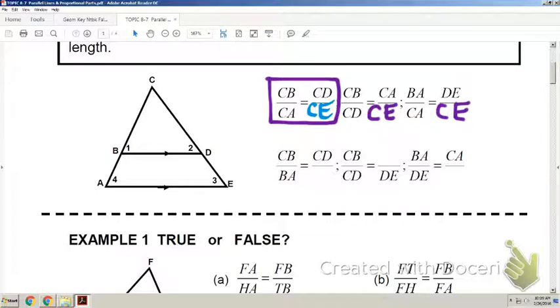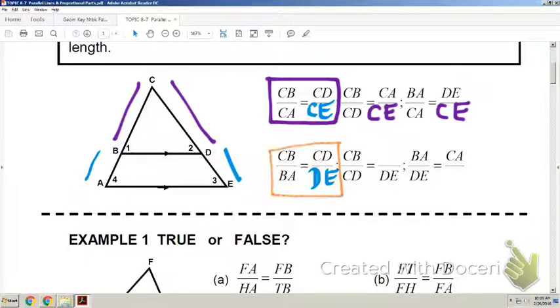Okay, another way, you could do CB over BA equals CD over DE. I personally like this one because it's the easiest. You don't have to find the total amount like you do on the top three proportions, but I would just choose one that you like and stick with it, and that's the way you should set up your proportions.